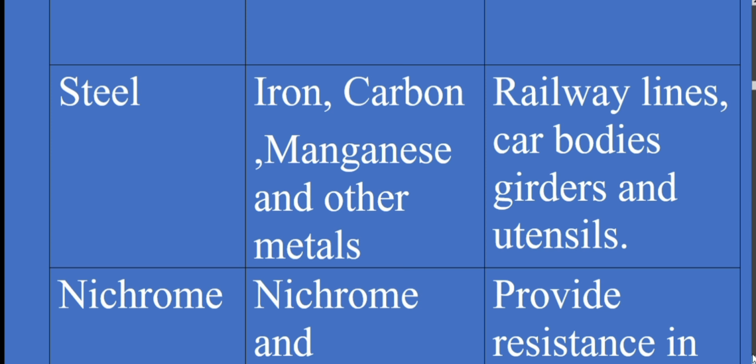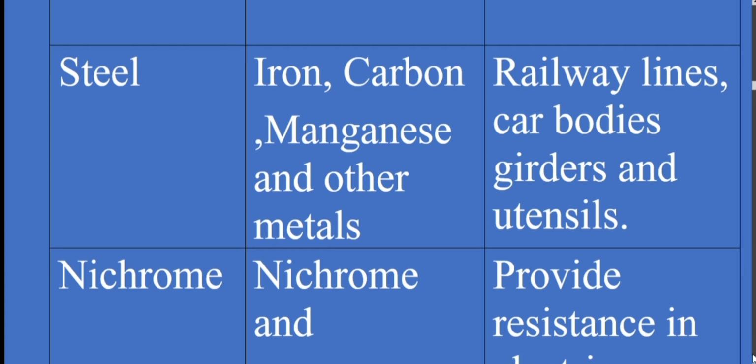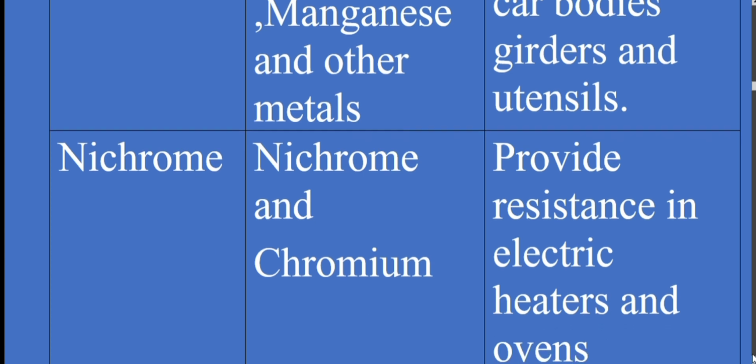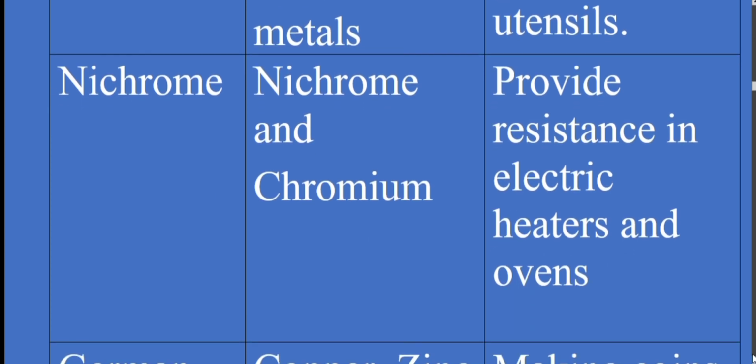They are used in railway lines, car bodies, car body girders, and utensils. Then you have nichrome. Nichrome is a composition of nickel and chromium. It is used in providing resistance in electric heaters and ovens.